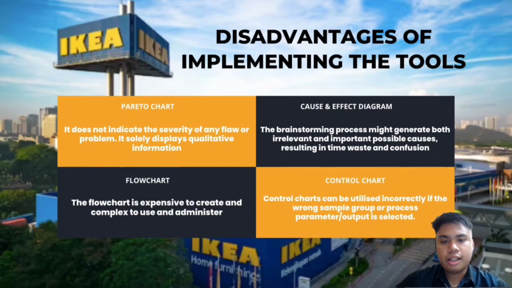Next is the disadvantage of the cause and effect diagram. The brainstorming process might generate both irrelevant and important possible causes, resulting in time waste and confusion.